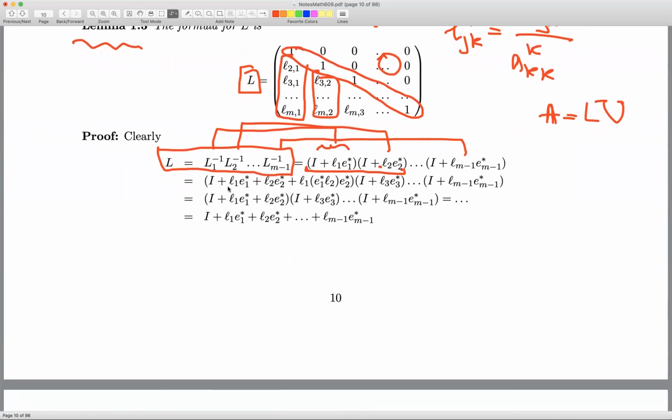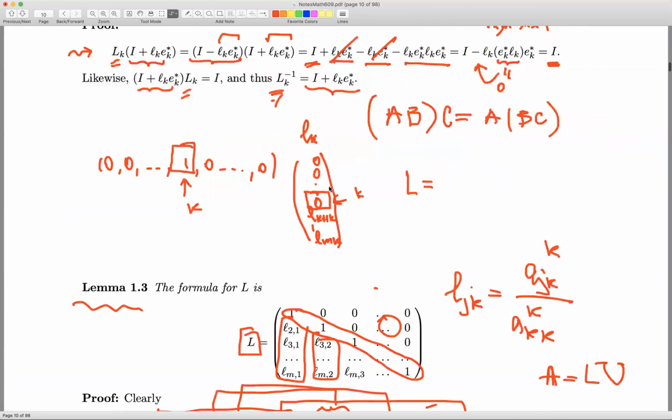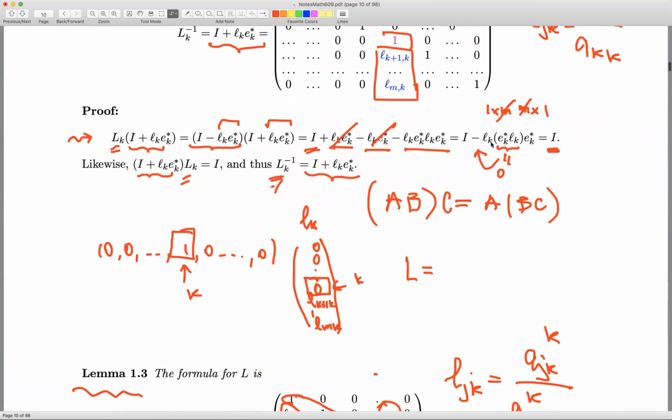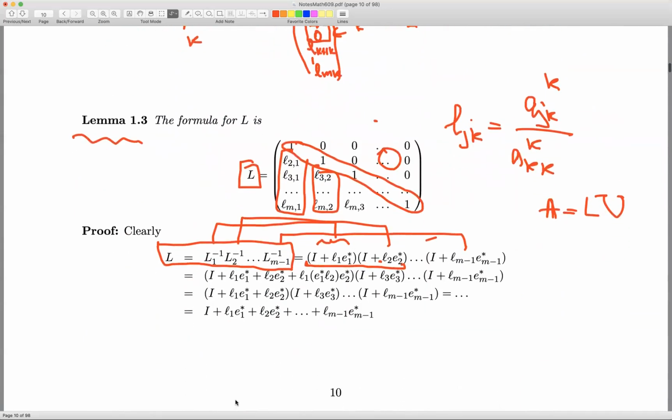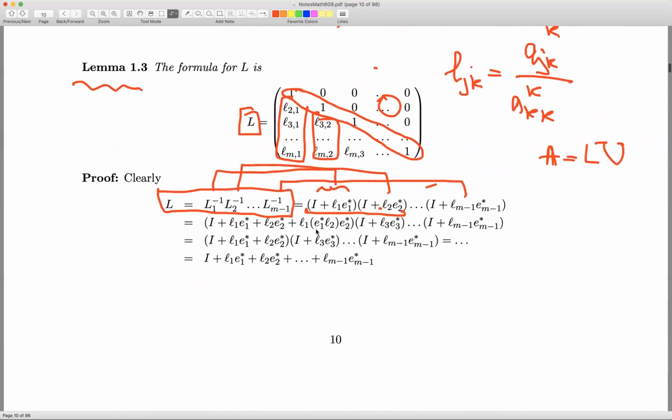Again, this is the identity, because identity times identity is the identity. Then after that, it is L1 E1 star, then it is L2 E2 star, and this is the matrix L1 E1 star times L2 E2 star. And as we did here, we know that we can put parentheses everywhere in this product, and we decide to put the parentheses right here.